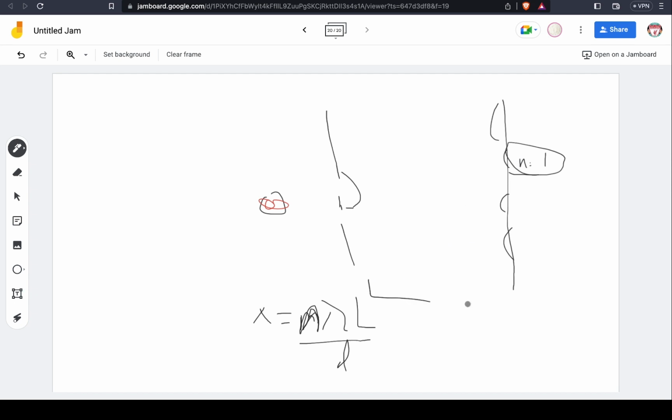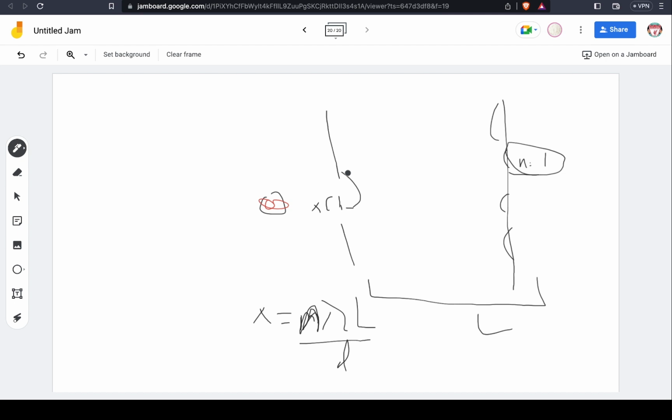I think this distance is represented by L. Obviously lambda represents wavelength, as it always does. This distance should be x, I think, right? Distance between the slits is x. Yep. And then D, if I remember correctly, is the actual size of the slit, right?